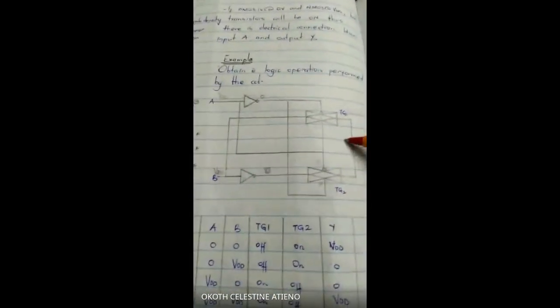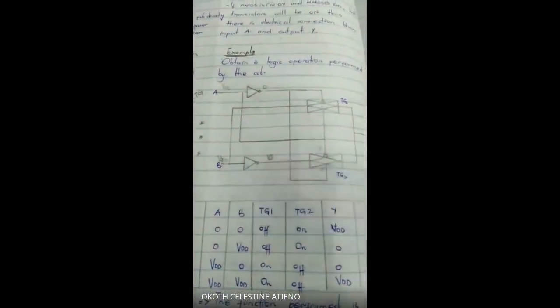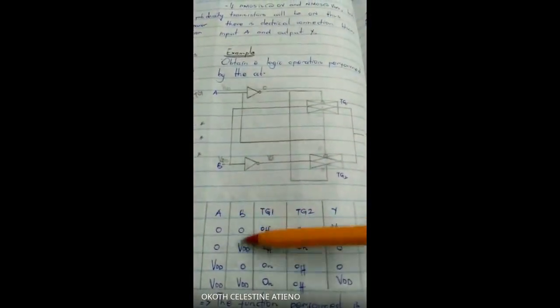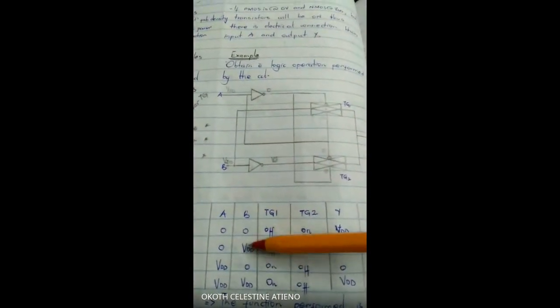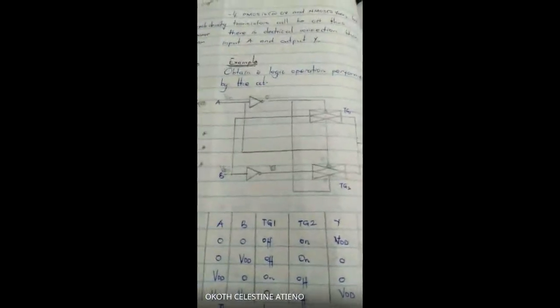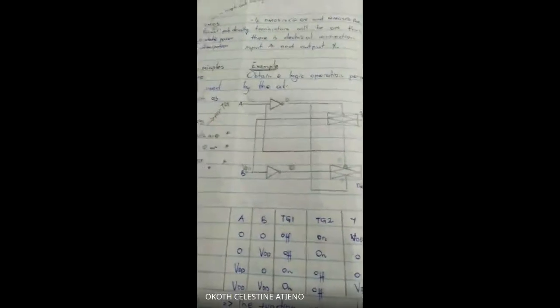So let's look at an example here. There are 2 inputs. Na venye nimesema, inputs for transmission gate are either 0 or VDD. So I did my 0, 0, 0, 1, but hapa natumia VDD, then 1, 0 and 1, 1. Let's analyze transmission gate 1. For transmission gate 1, tunasema A ni 0, na B ni 0.